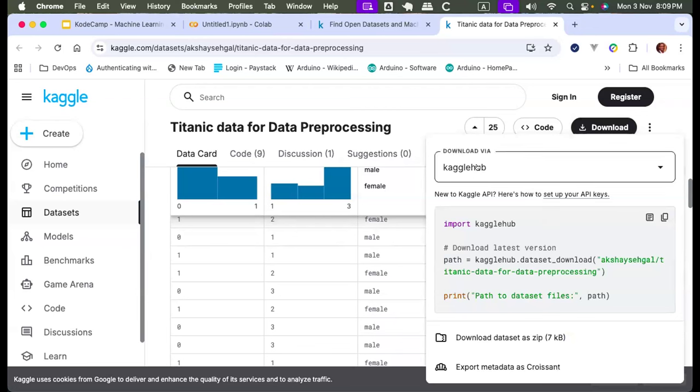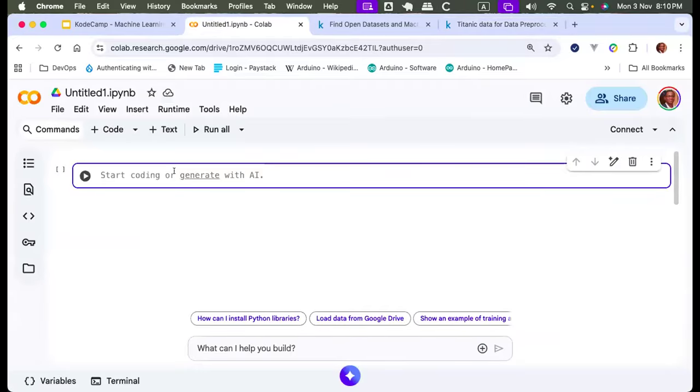Well, the other thing is you can also use this code if you are using Kaggle. What I would like to try is to see if Kaggle Hub exists in Jupyter Notebook on Colab. If it does, then I don't need to download and re-upload. I can just run this code. So let me do one thing first. Let me just import Kaggle Hub here.